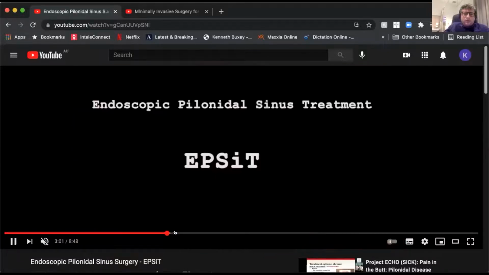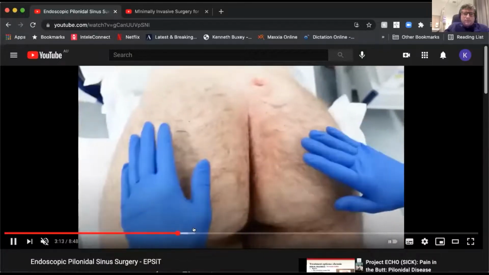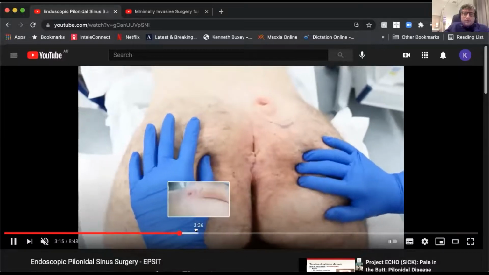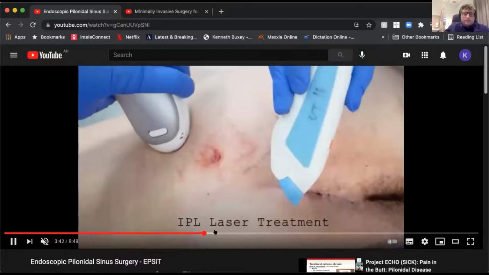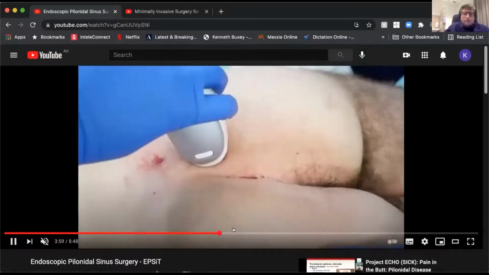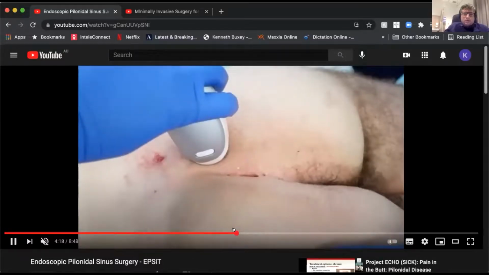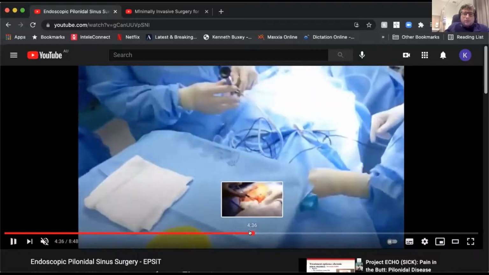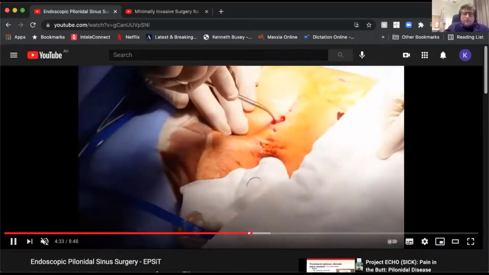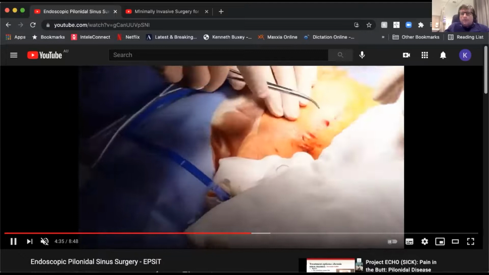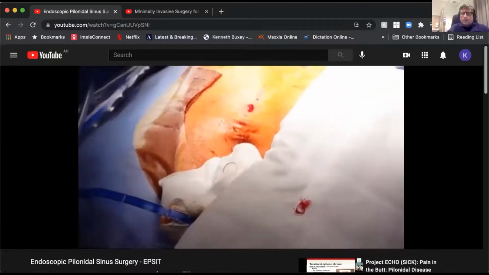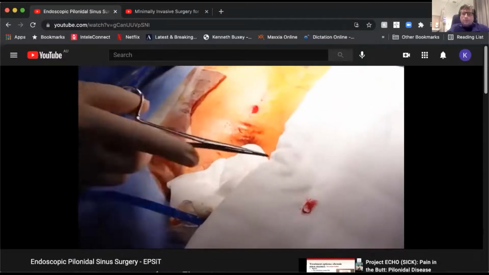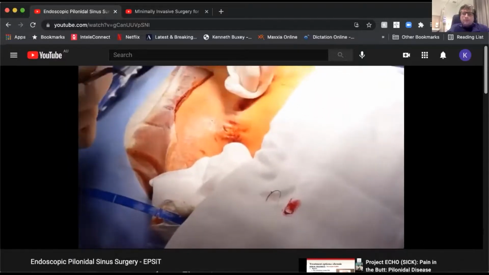If you treat this endoscopically, you position the patient and remove the hair. But then in theatre, I'll just let this run through a bit now. So you're just initially opening up the main tract and doing some limited debridement under direct vision.